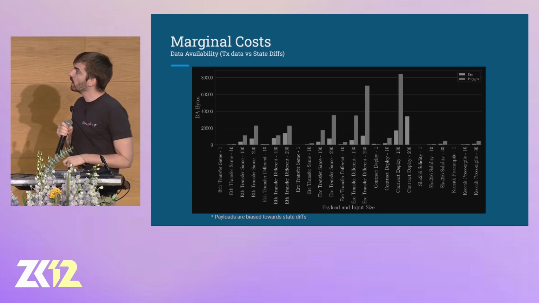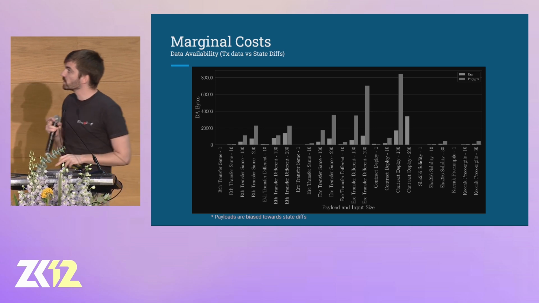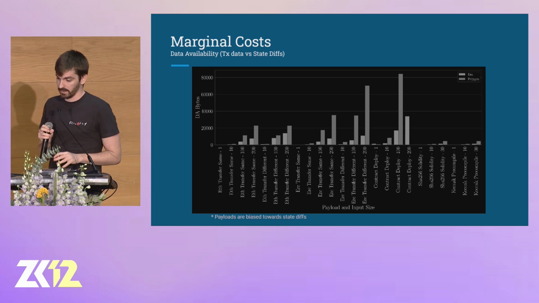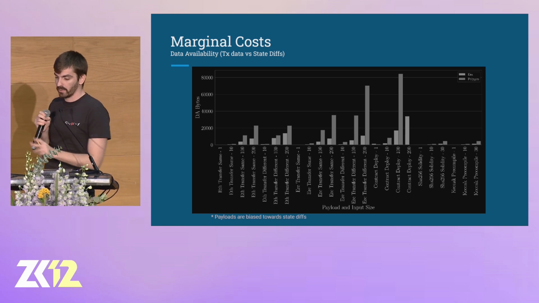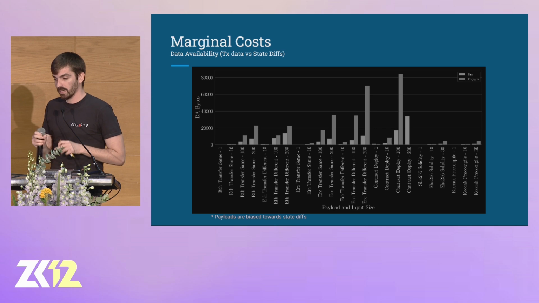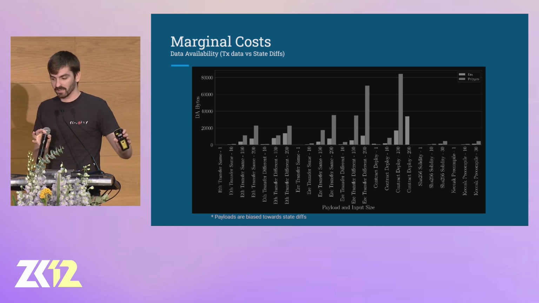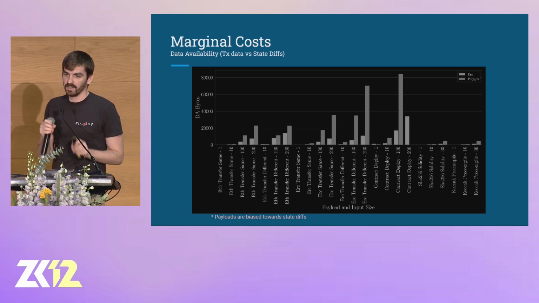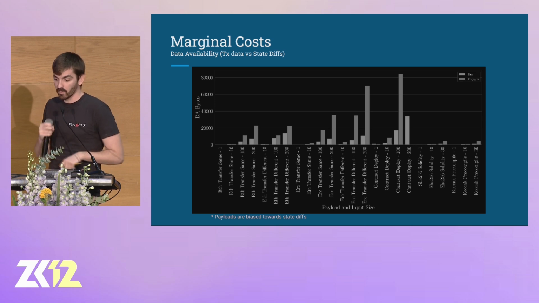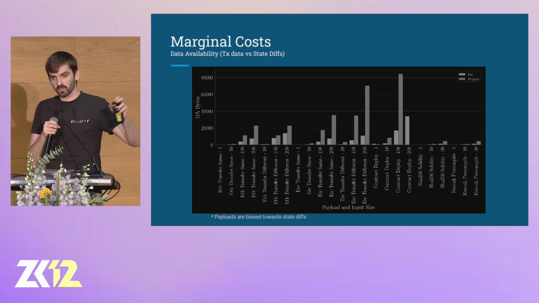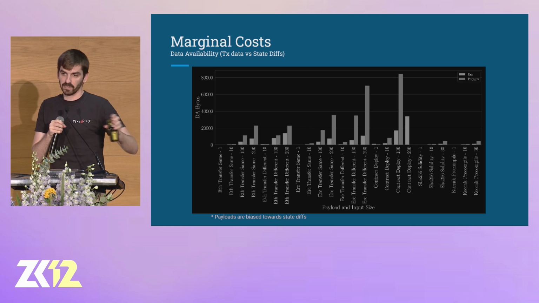So here we have the first results for the marginal costs, and we have how many bytes we require per each of those payloads in terms of DA. Our payloads are super biased towards state diffs, and that's because, for example, if we have many transactions, all those transactions will kind of touch similar state.